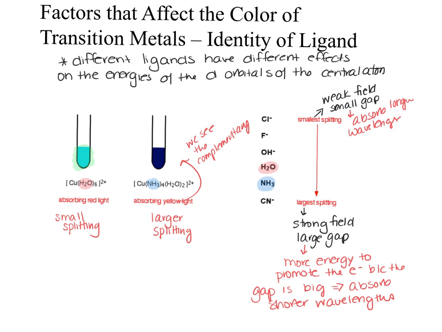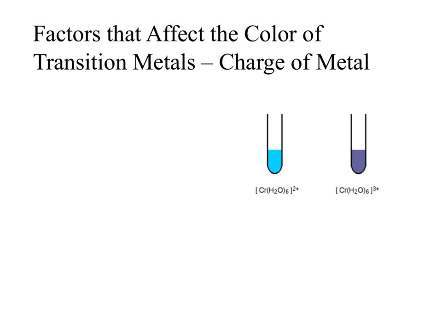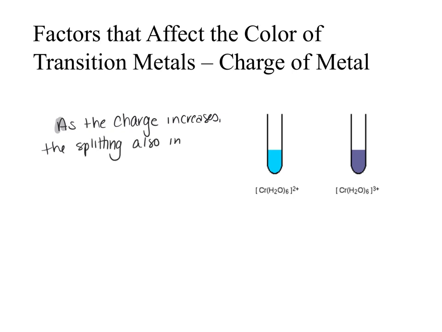The next one is the charge of the metal. As the charge increases, so does the amount of the splitting of the d orbitals, and you can get a shift in color.